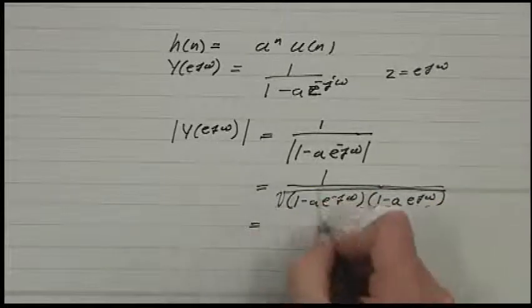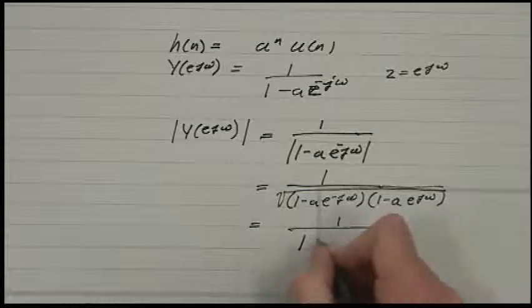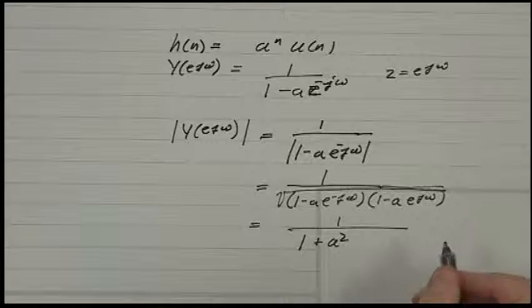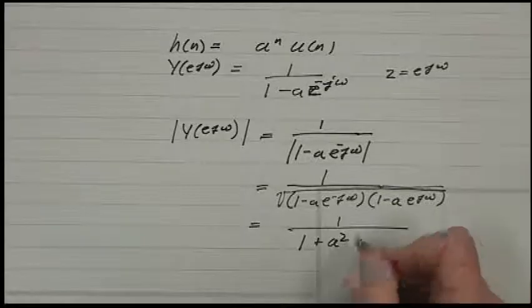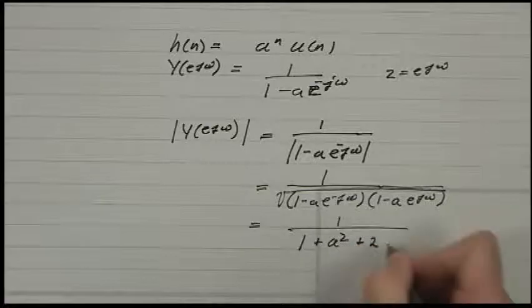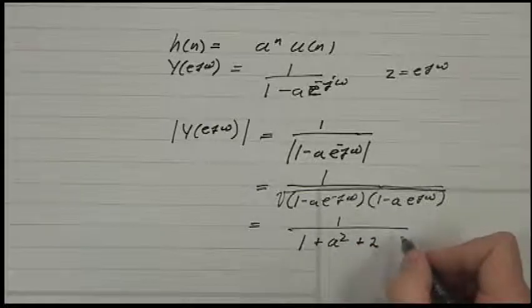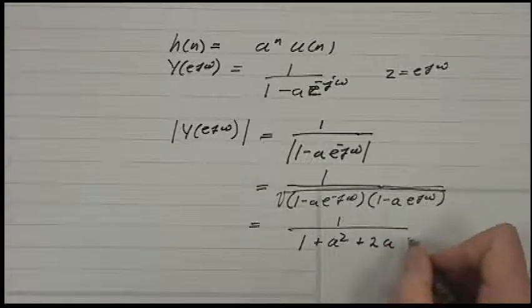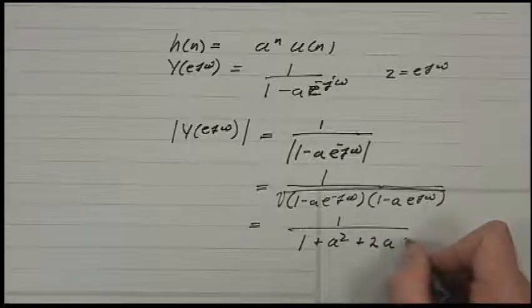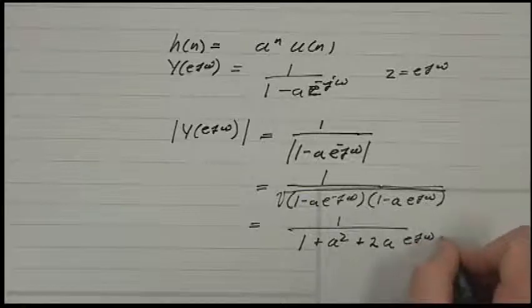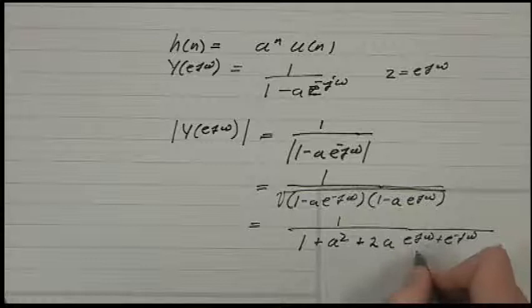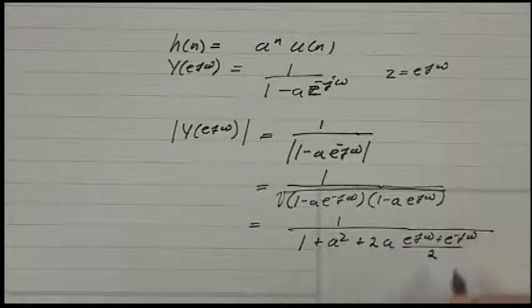So that's equal to 1 over 1 plus a squared, right, plus 2 times a, and then we have e to the j omega plus e to the minus j omega over 2.